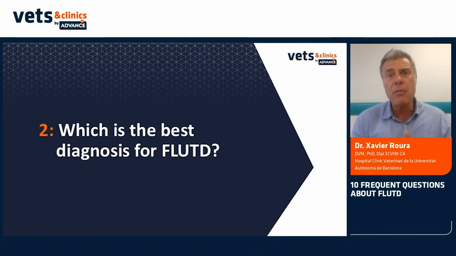Second, you need to remember that of all of these diseases, the most frequent one, 6 or 7 cats out of 10, is feline idiopathic cystitis. And third, the age of these cats. Is this a young cat or an old cat?